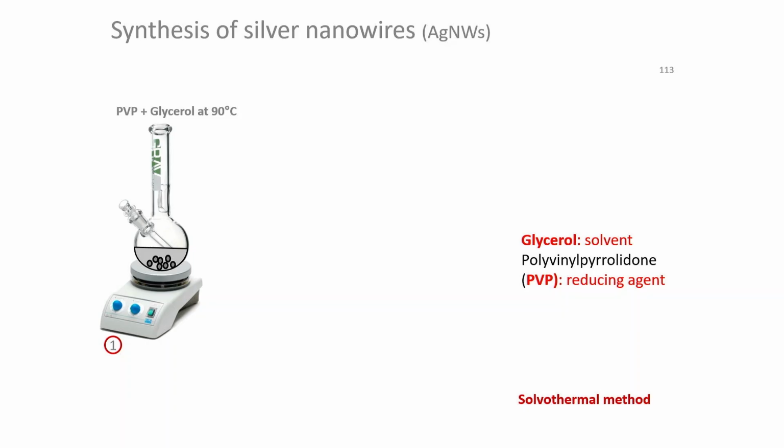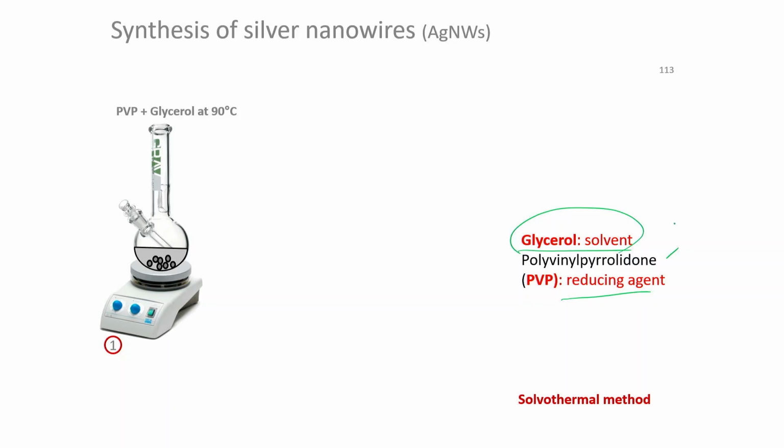Now, here what we have done, we have used glycerol as a solvent and polyvinyl pyrrolidone, that is PVP, which is used as a reducing agent.